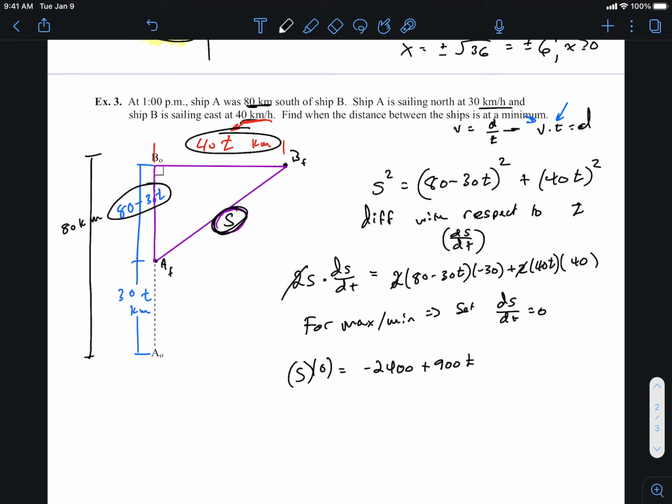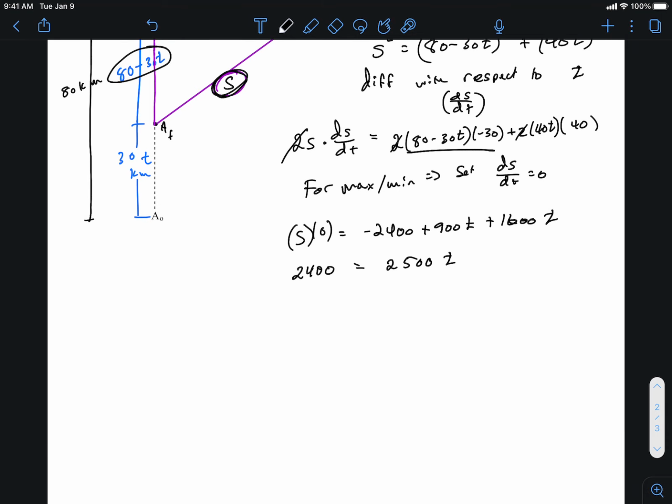That takes care of the first piece, and then plus 1600t. The 0 consumed the S, don't worry about that. I can bring the negative 2400 over, so 2400 is equal to 2500t.